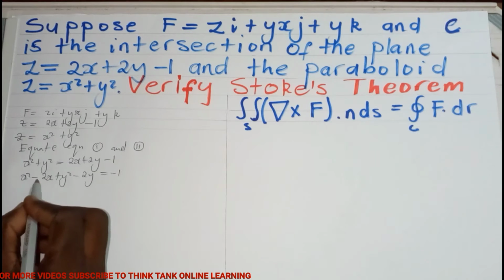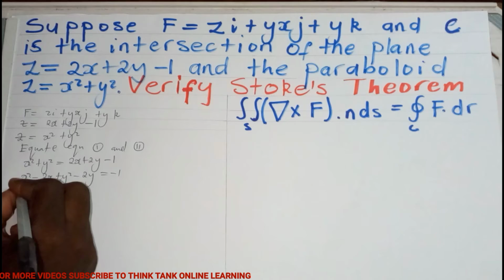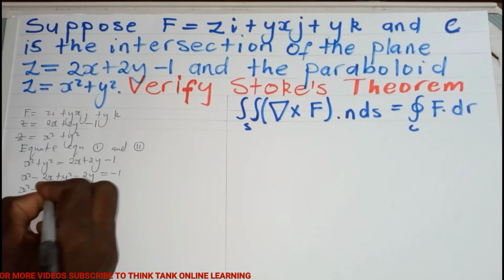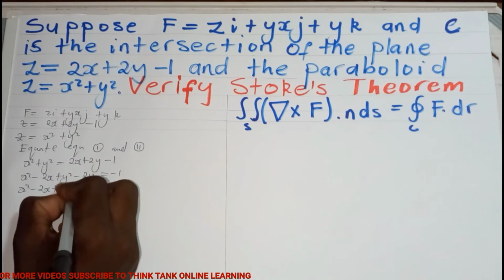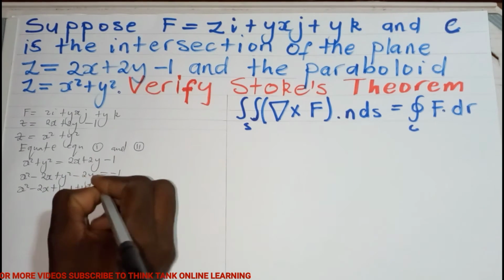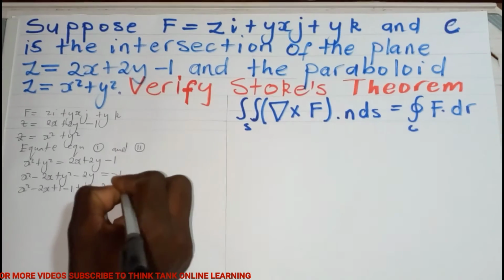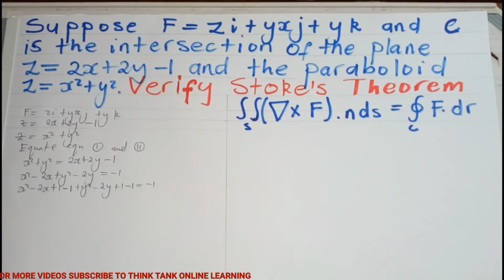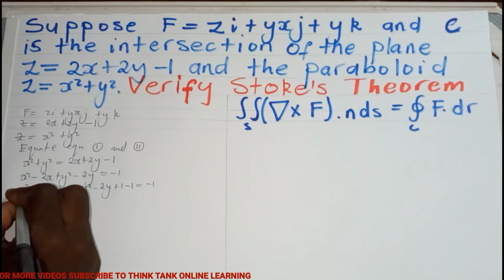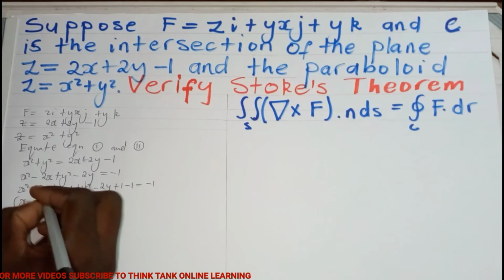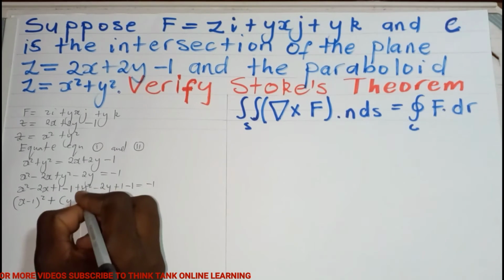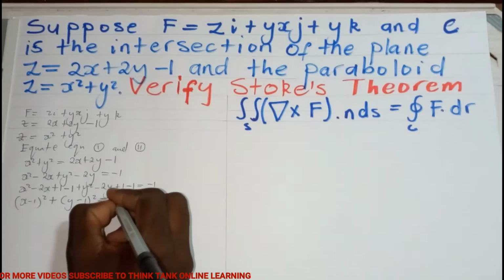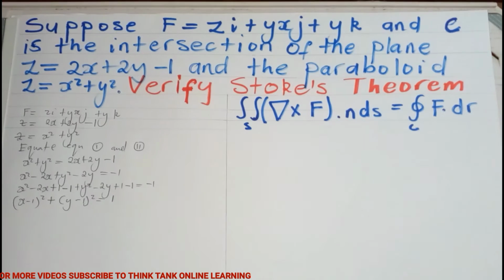Negative 2 divided by 2 is -1, and squaring gives 1, so (x² - 2x + 1) + (y² - 2y + 1) - 1 = -1. So we have a circle with center (1, 1) and a radius of 1.